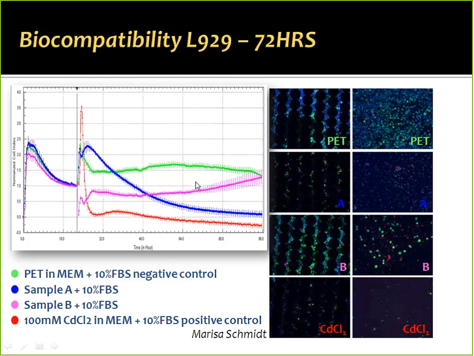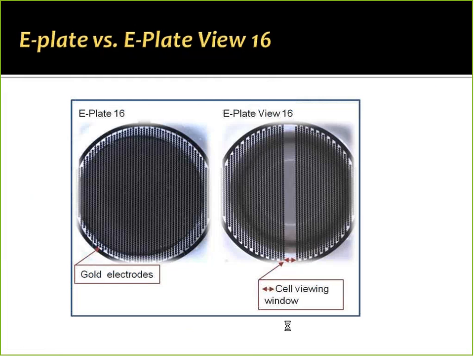We got better results or more accurate results using the xCELLigence and trusting the xCELLigence values rather than really trying to gauge a score of a 1, 2, 3, or 4 by eye using the microscope. And I should mention here, and I will thank the team later, that this beautiful fluorescence imaging is compliments of Marissa Schmidt in the laboratory.